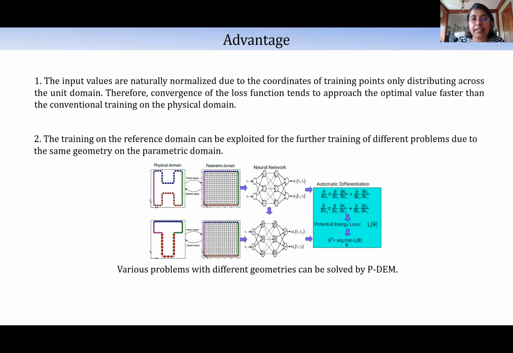And secondly, the training on the reference domain can be exploited for further training on different problems with the same geometry on the parametric domain. Now, in my opinion, transfer learning can be used in this kind of method, where they could obtain the solution for another physical domain, since the parametric domain is the same.